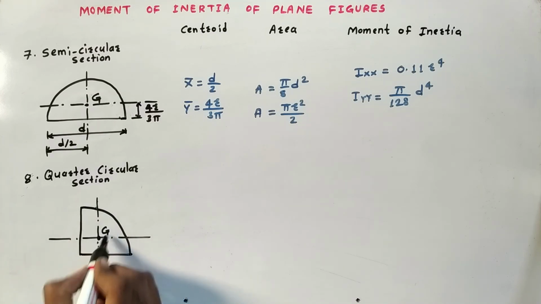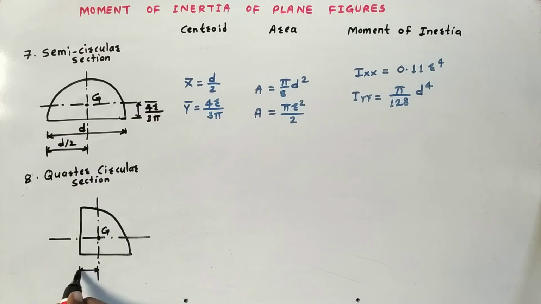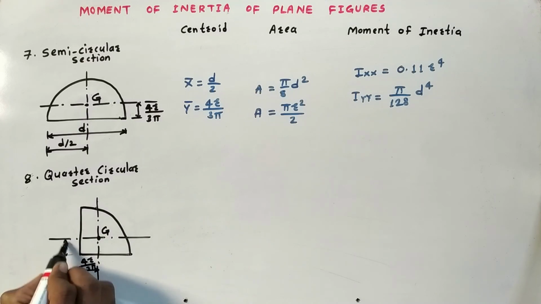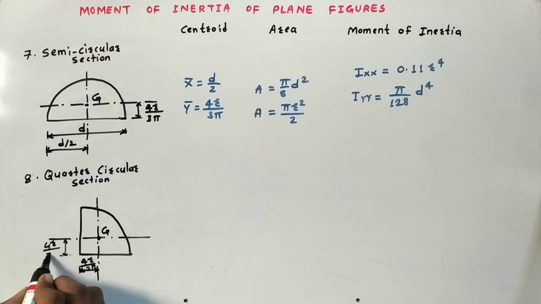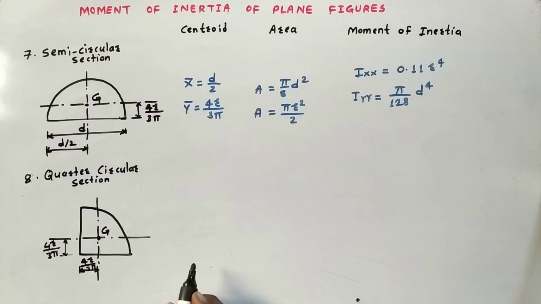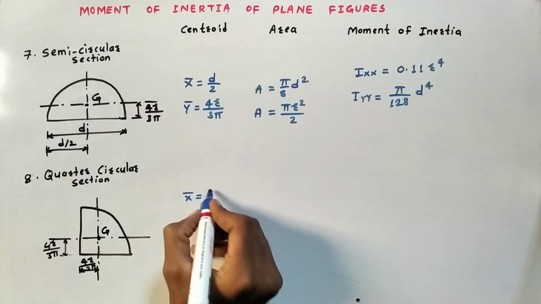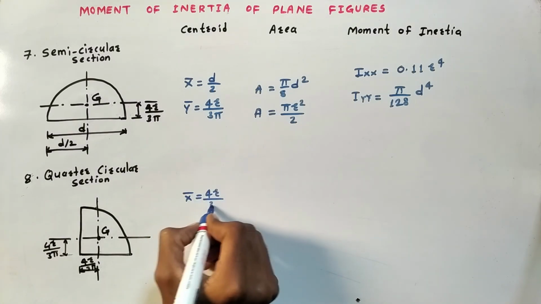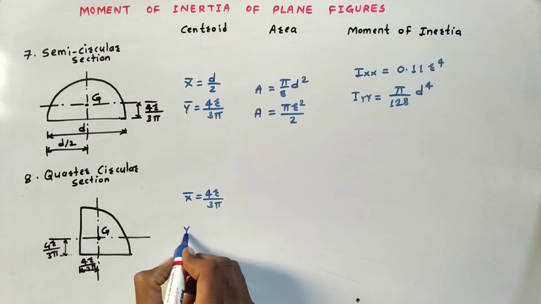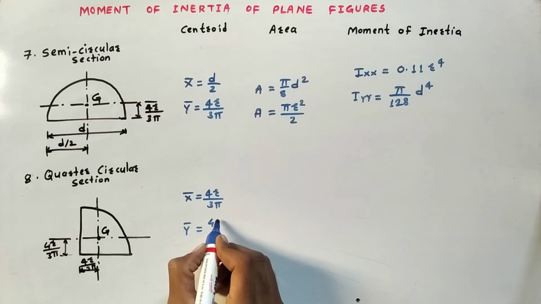This is G. Now it is at 4r by 3 pi and 4r by 3 pi. So x bar is equal to 4r by 3 pi for the quarter circular section and y bar is also equal to 4r by 3 pi.